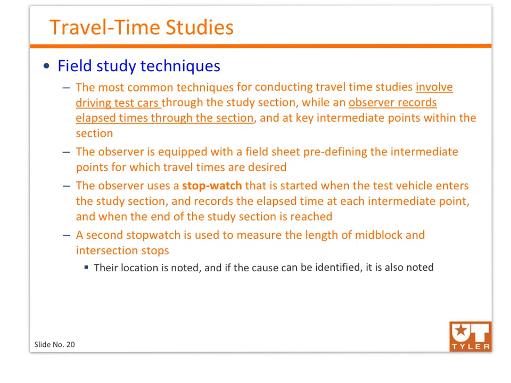This is the first study we've mentioned that requires a driving test car, and the observer will be in the car to measure the elapsed time through that section. The observer is equipped with a field sheet predefining the intermediate points for which travel times are desired.